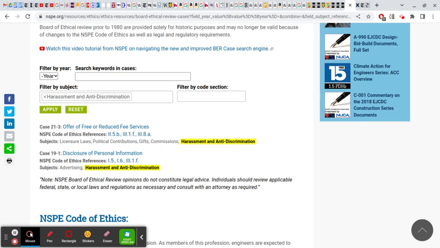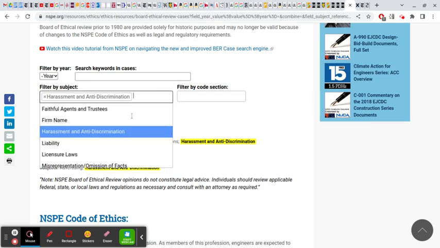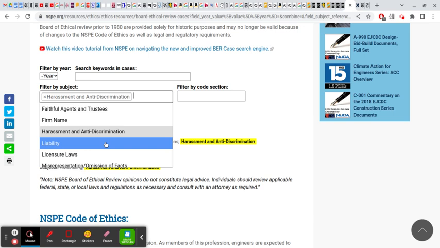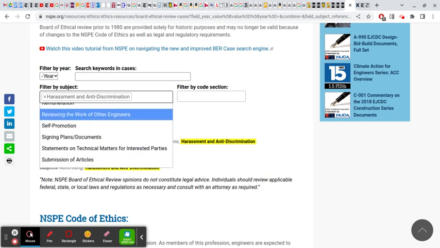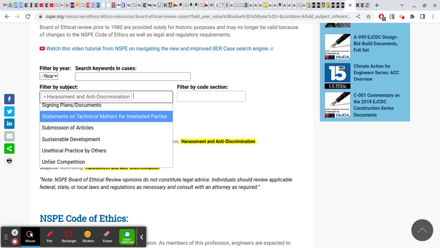Offer free or reduced fee services and disclosure of personal information. I've looked at these things and I can tell you that they have nothing to do with sexual harassment or gender discrimination. That's as close as you're going to get in the filter by subject to what I'm looking for, which is basically sexual harassment within the engineering workplace, or misogyny within the engineering workplace, or discrimination against women.